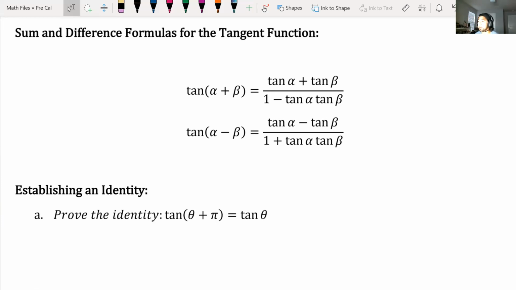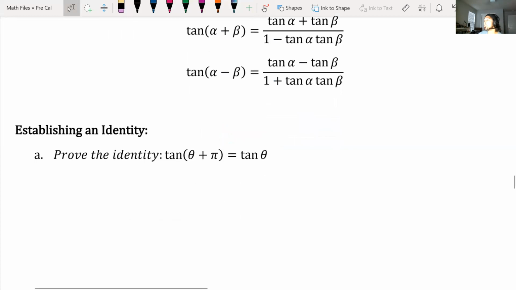So some differences, right? Plus, but a minus in the bottom, and minus, but a plus in the bottom. So let's go ahead and use these formulas to prove more identities.